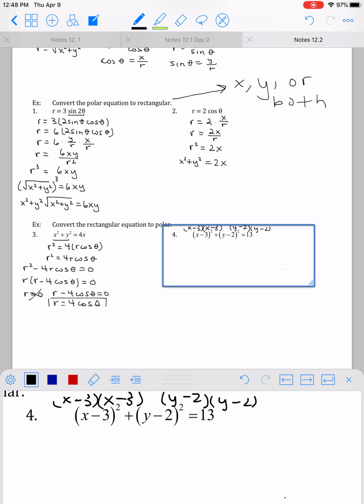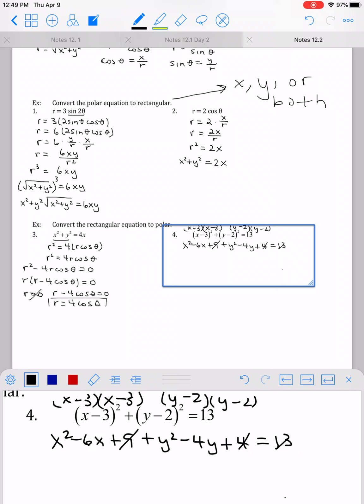So when we FOIL, we don't want to miss terms. So x squared minus 6x plus 9 plus y squared minus 4y plus 4, and that equals 13. And what we also know is that the 9 and the 4 make 13, and that'll cancel it out.